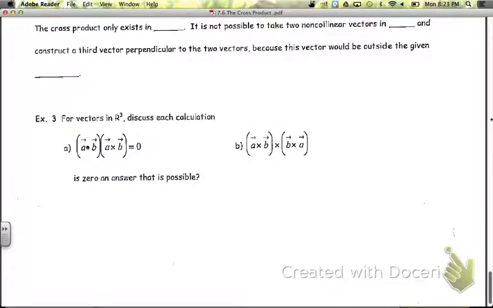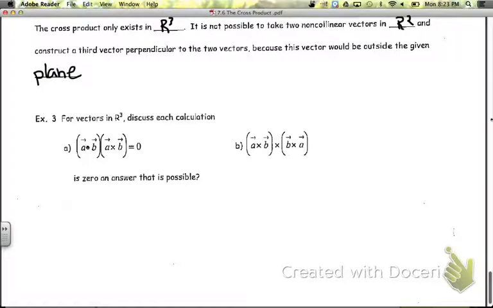Now, the cross product only exists in R3, and it is not possible to take two non-collinear vectors in R2 and construct a third vector perpendicular to the two vectors, because the vector would be outside the given plane.